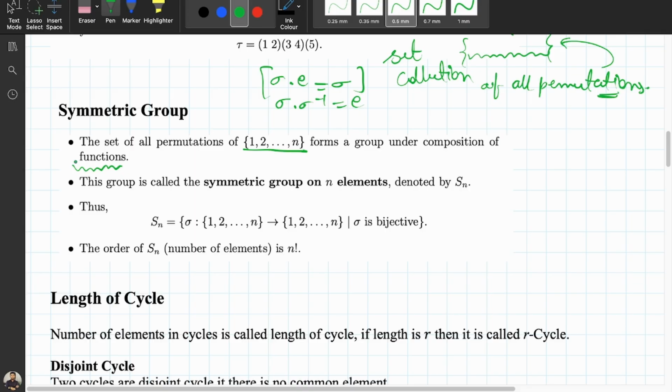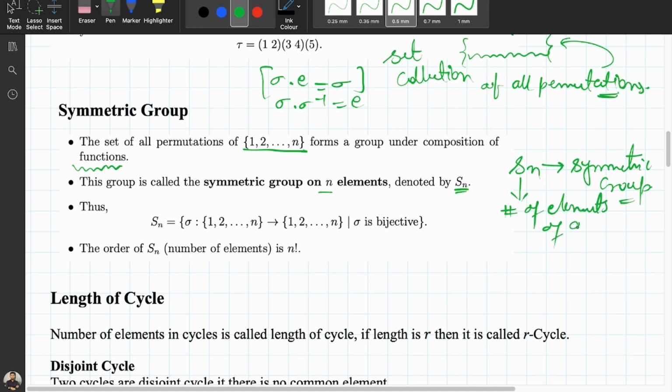This group is called the symmetric group on n, and it is denoted by Sn. And what is the order of this group? Order means the number of elements of the group. The order of Sn is n factorial.